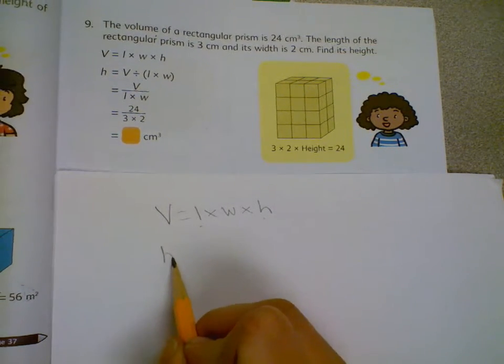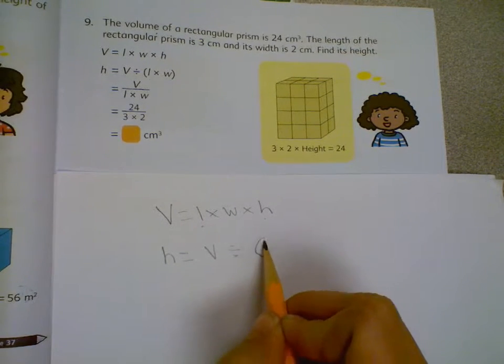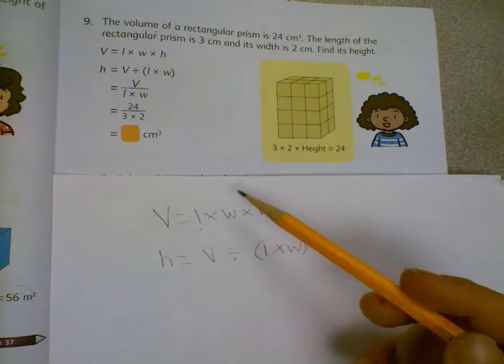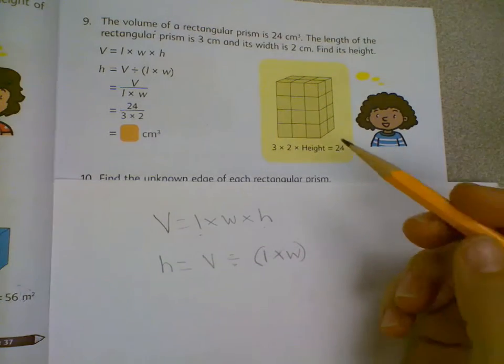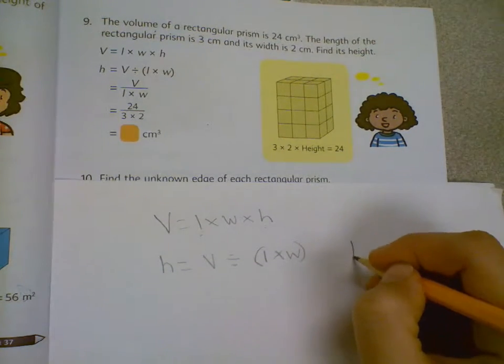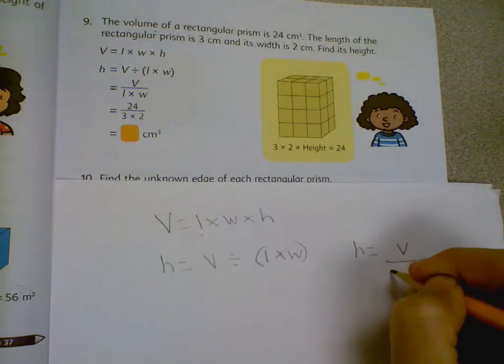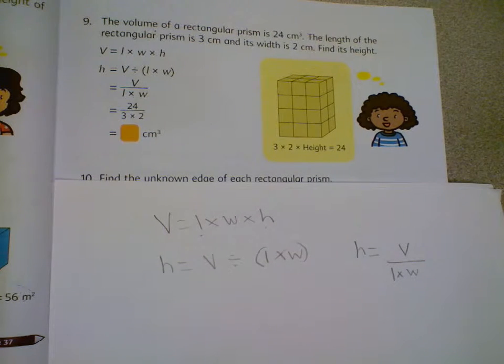And height equals volume divided by length times width. Okay? Because you're doing the opposite to move it to the other side. And we talked about that in class too. So this can also be written as height equals volume over length times width. So it can be written and solved in either way.